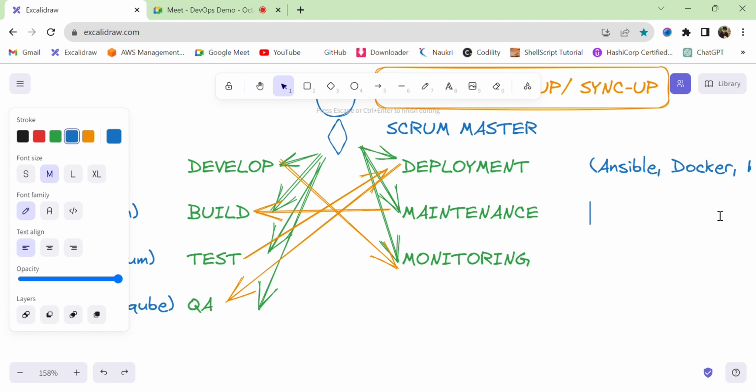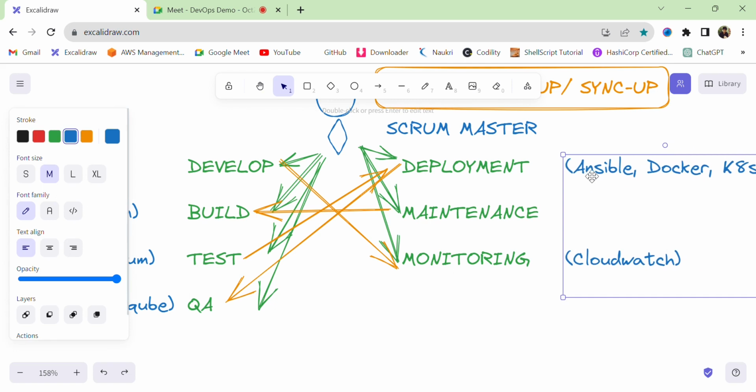And we have many maintenance tools also, and monitoring tools. They were told to use either CloudWatch from AWS, or different other monitoring tools. Let me write it as CloudWatch, because we are talking about AWS. So they were told to use CloudWatch as a monitoring tool.